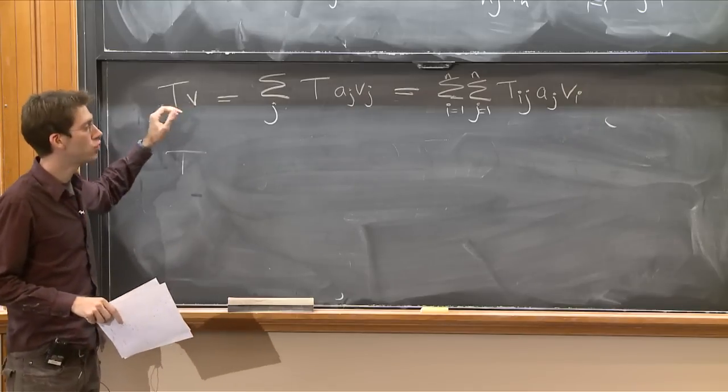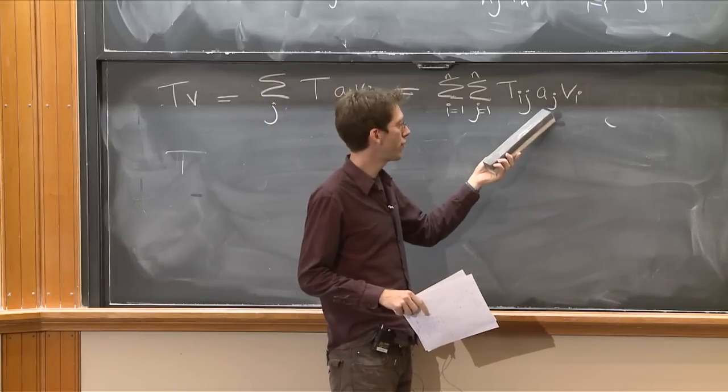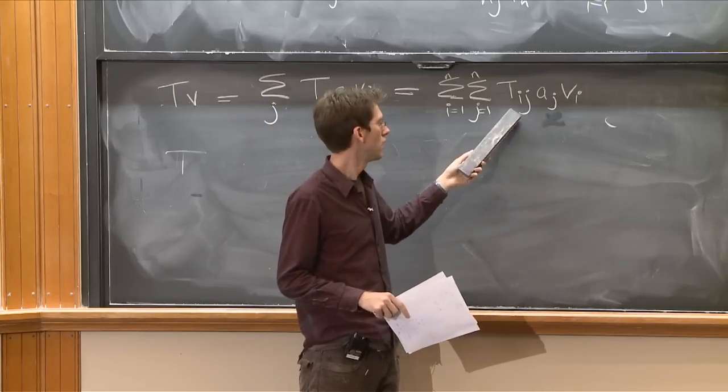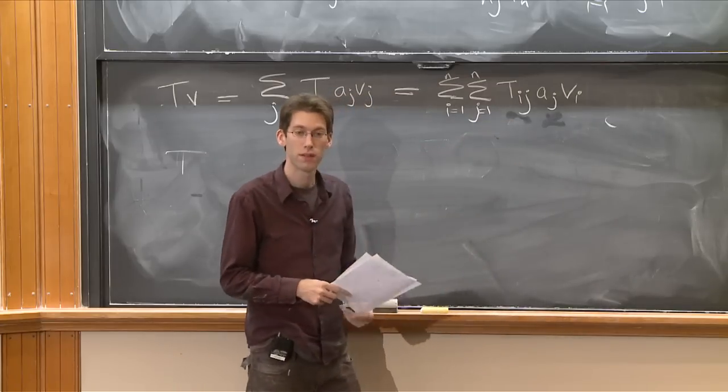And so if we act on a general vector v, and we know the coefficients of v in some basis, then we can re-express it in that basis as follows.